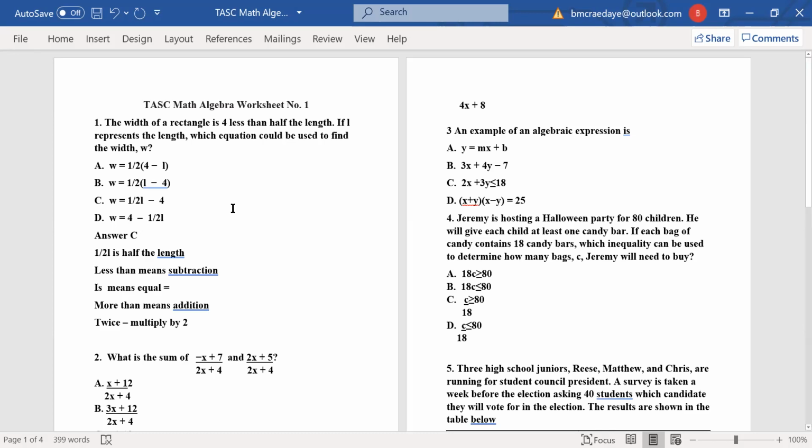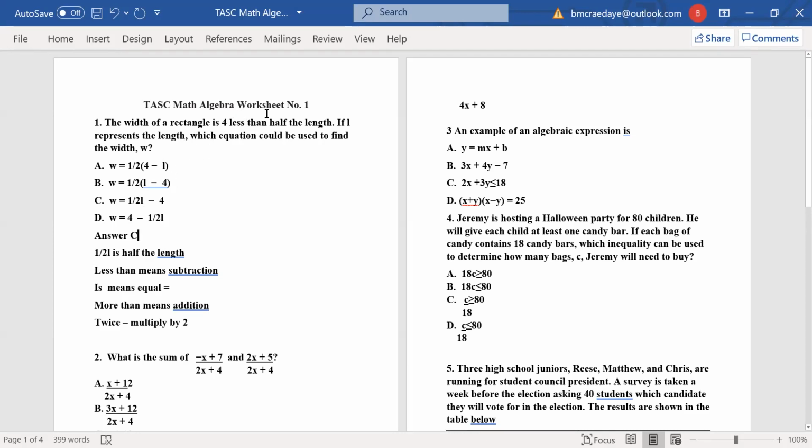Make sure you understand this, because you'll see these again. 4 less. Once you see that, your answers should have 4 subtracted from something. So it can't be A and it can't be D, because 4 is not subtracted from anything in A or D. 4 is subtracted in B, but it didn't say 1/2 of the length minus 4.